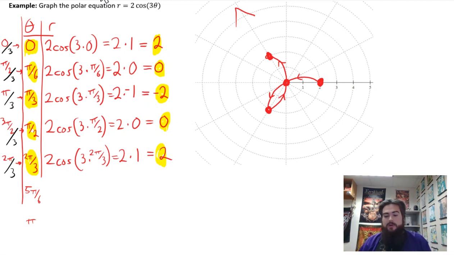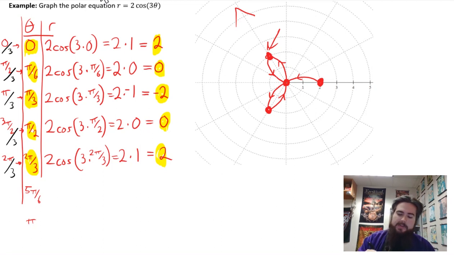At this point, we're going to use concepts of symmetry to try to complete this, as well as the fact that over here, we saw this kind of loop, which means that we're probably going to see that happen again with the other values that seem to go out the same amount of distance from the origin. When I'm at this point here, I'm going to curve right back towards the pole again.